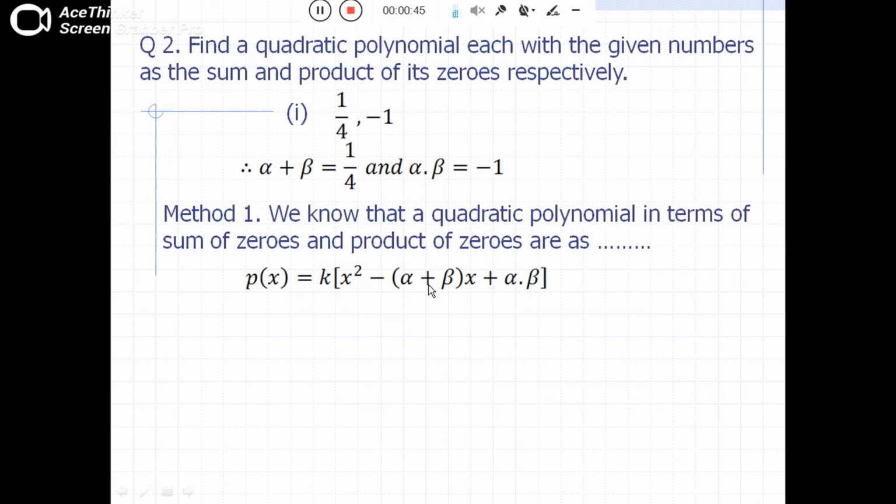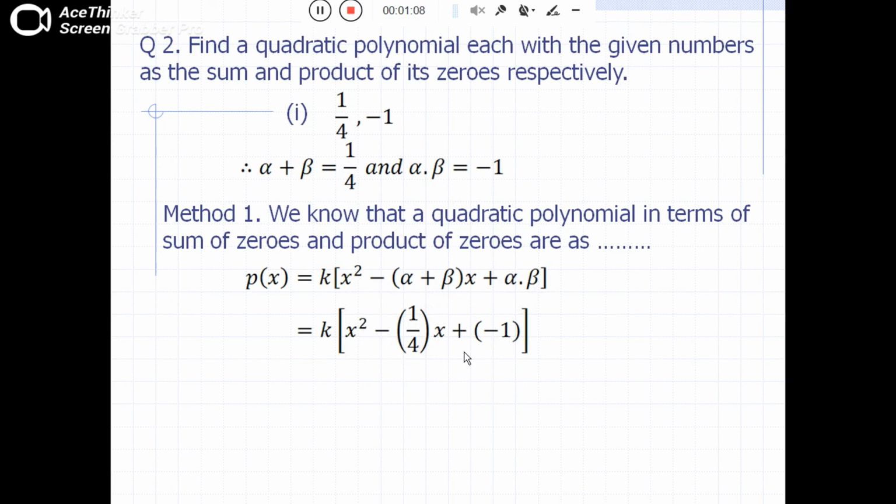Here you have the value of alpha plus beta, which is 1 upon 4, and alpha into beta, which is minus 1, so you can substitute directly. So k into x square minus 1 upon 4 into x, and alpha into beta equals minus 1.